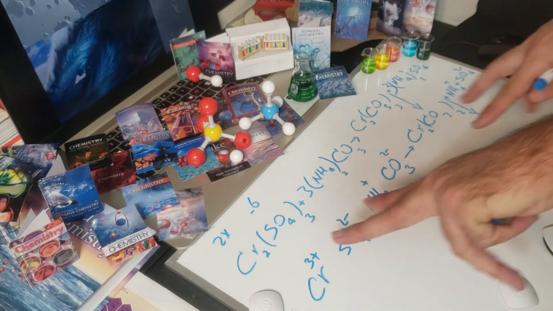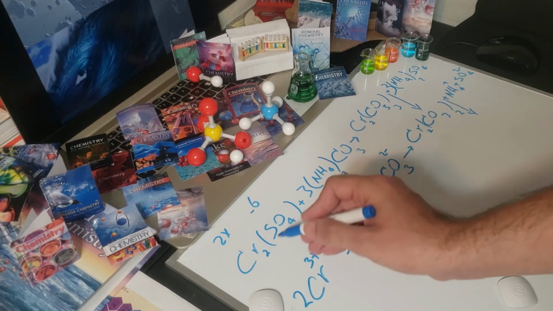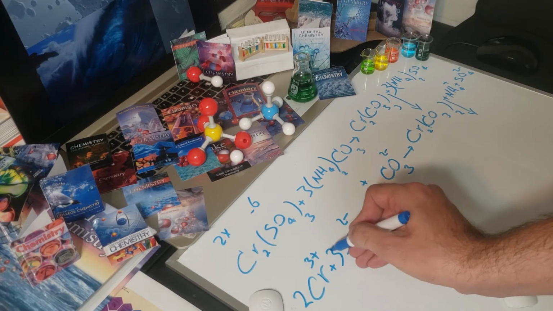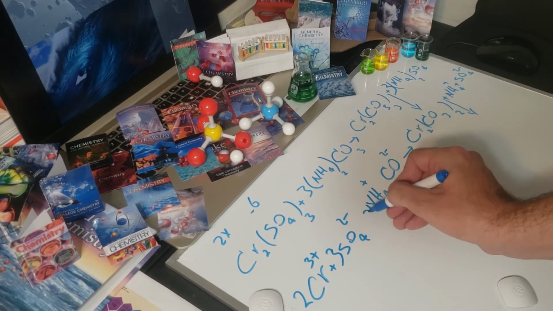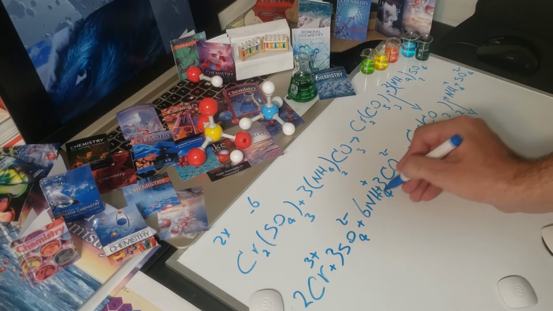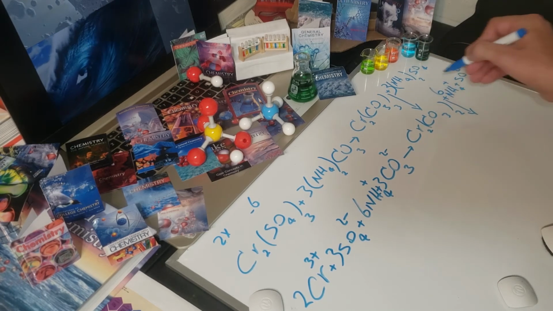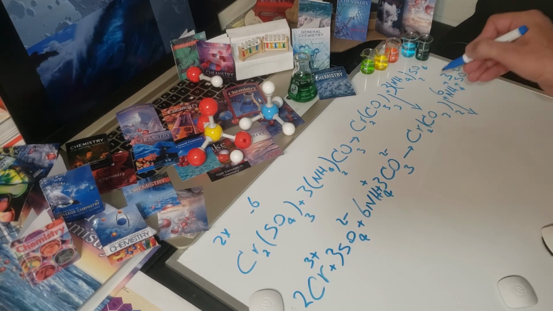Then you go again and revise the numbers. So 2 chromium, 3 sulfates, 3 times 2, 6 ammonium, and 3 carbonates. Here also 3 times 2, 6 ammonium and 3 sulfates.